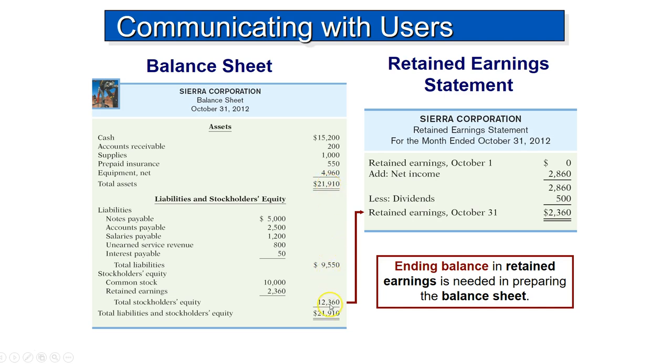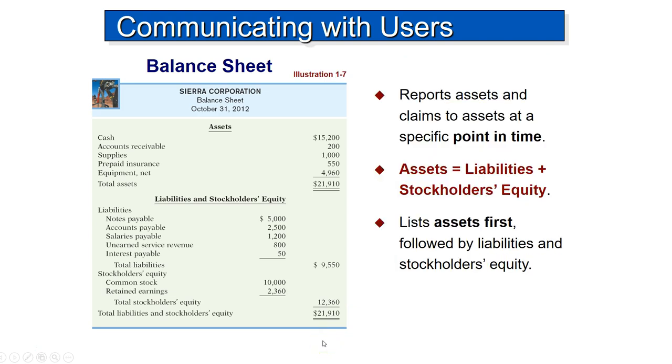The rest belongs to the shareholder. So the balance here of the liabilities plus shareholders' equity is exactly the same as the assets. Remember our balance sheet equation: assets equal liabilities plus shareholders' equity. So therefore, think of the balance sheet as one point in time. It's a snapshot of the business as at the end of October 31st.